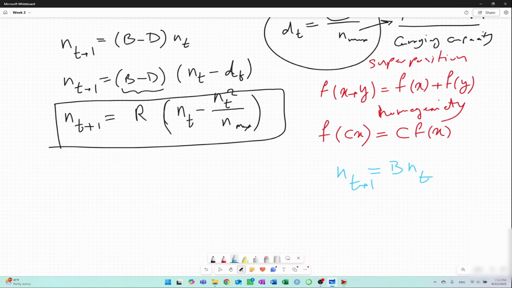Whereas in the case of n sub t plus 1 equal to r times n sub t minus n sub t squared over n max, these principles would not hold, and we have a nonlinear function. And the reason that we have a nonlinear function is rooted in feedback loops. But let's quickly check the simulation model we have.